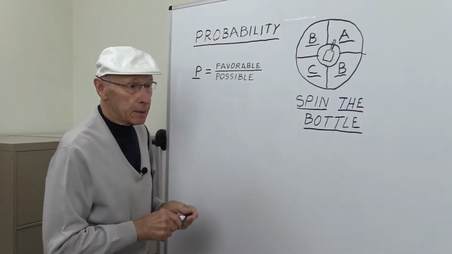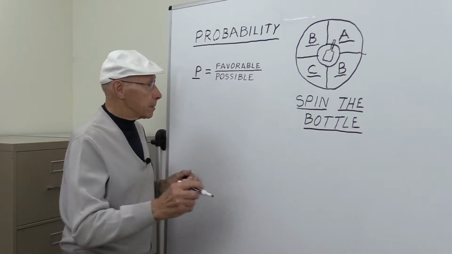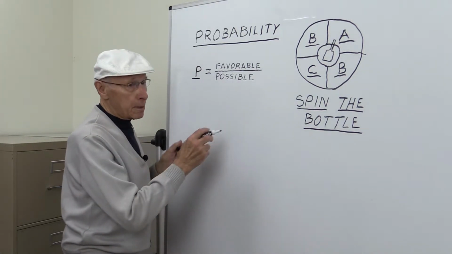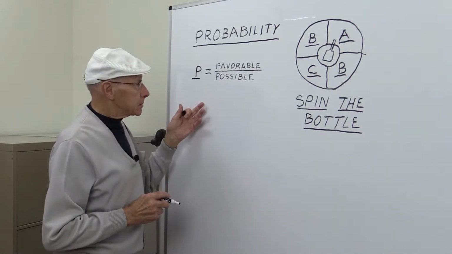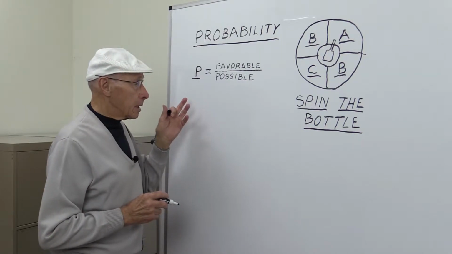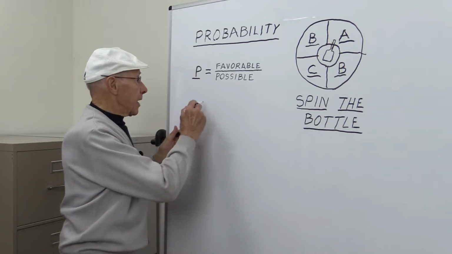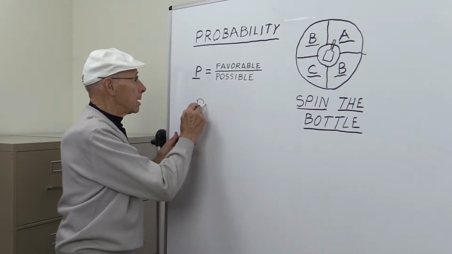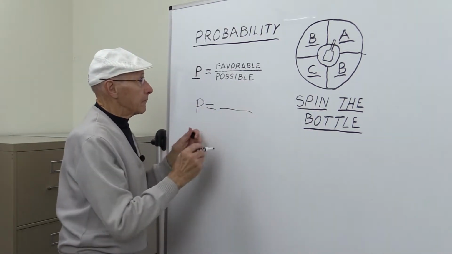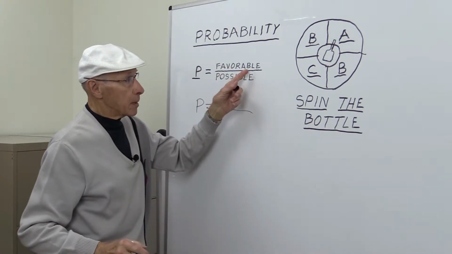So taking a look at this problem here, we want to know what's the probability of a bottle after you spin it landing on A. So we have P. Now favorable is what we want it to land on.